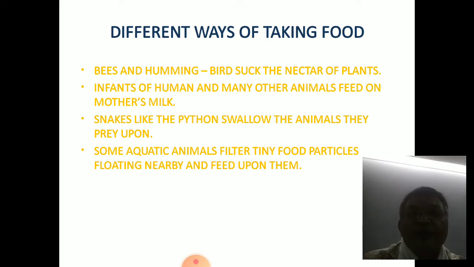So in this way different animals take food in different ways. Bees and hummingbirds from nectar, infants of human beings and other animals from mother's milk, snakes by swallowing, and some aquatic animals by filtering tiny food particles floating nearby.